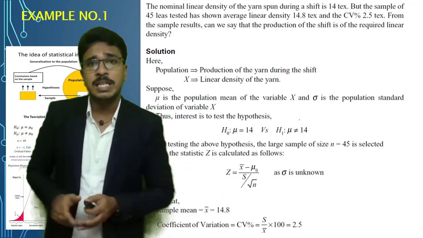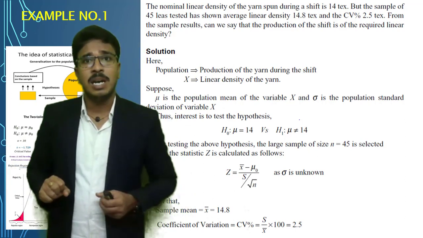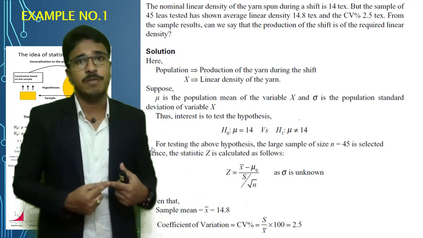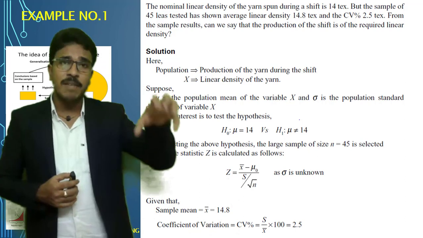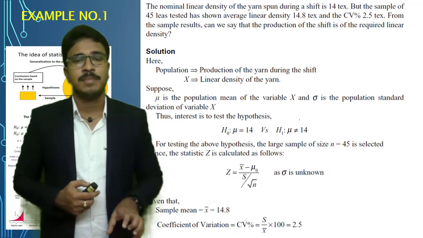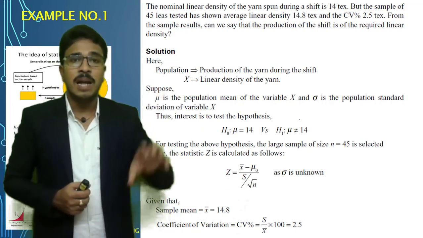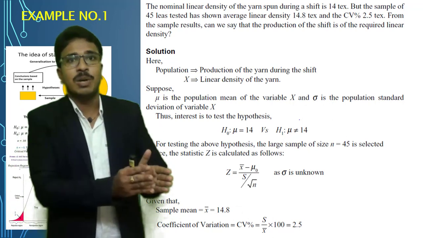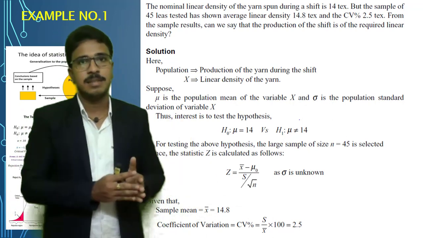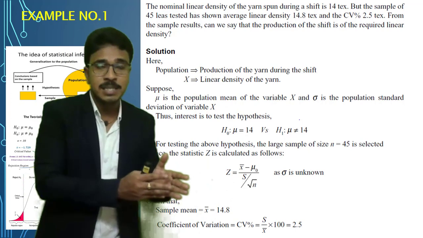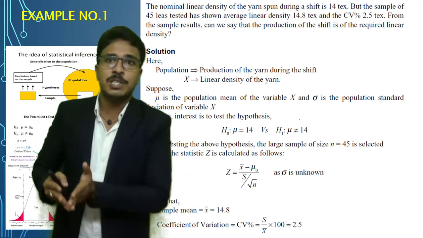So they have taken the yarn samples and prepared 45 leas out of it, and tested the average linear density, which is nothing but count, and arrived at an average count of 14.8 tex with a coefficient of variation of 2.5.